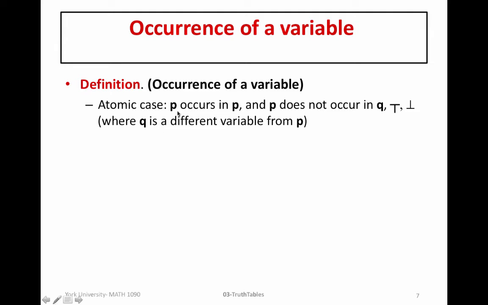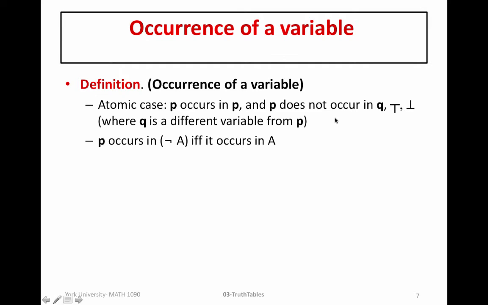So we say that P occurs in the formula P, so P occurs in itself, but it does not occur in any other Boolean variable different from itself, nor does it occur in top or bottom, and we define occurrence of a variable, not a constant.